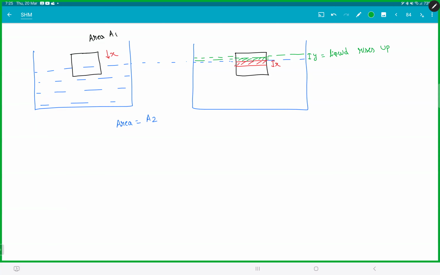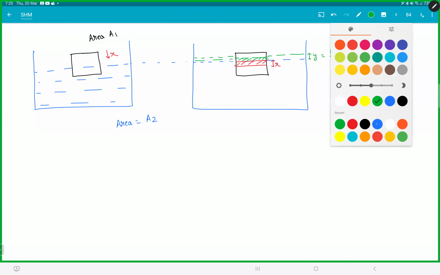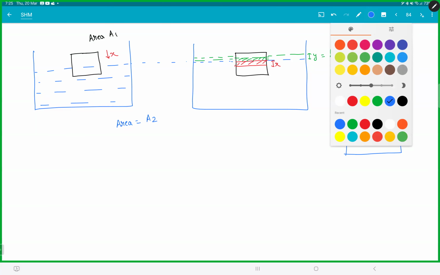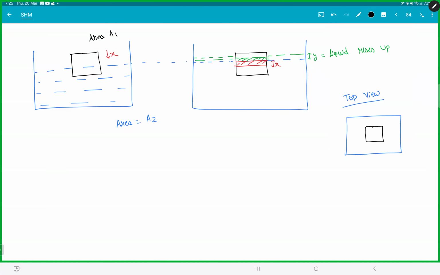Is that making sense? You can try this. Take your bucket of water in your washroom. If you take that mug and put it in reverse, won't the water level rise up? So how much is this then? Now, if you look at the top view, you will notice this volume is conserved. Whatever the liquid is being displaced. So if you look at the top view, it looks like this. So this was A1 and the surrounding area was A2.